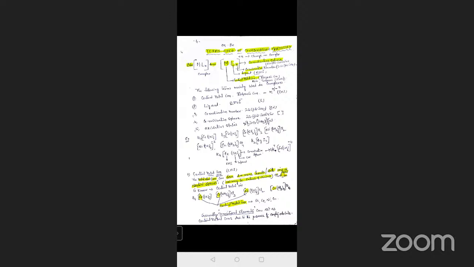Are you clear? Here, what are transition elements? In general, d block elements are those in which, when differentiating electrons enter the d orbitals, they are known as the d block elements.